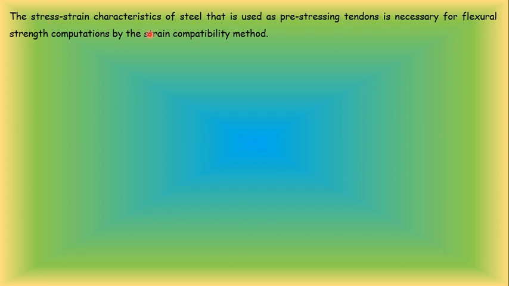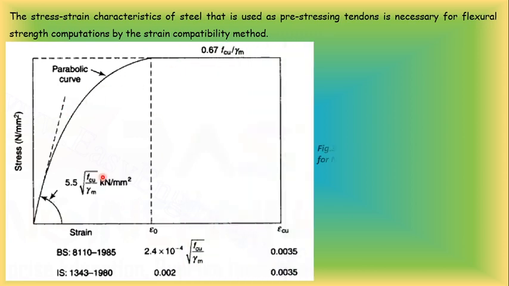The stress strain characteristic of steel used as a prestressing tendon is necessary for flexural strength computations by the strain compatibility method. This is the short-term design stress strain curve for normal weight concrete. Stress versus strain, wherein a parabolic curve is going to happen. Here two types of readings are there, when the strain is 0 and when the strain is going to be constant in the concrete at the ultimate failure.